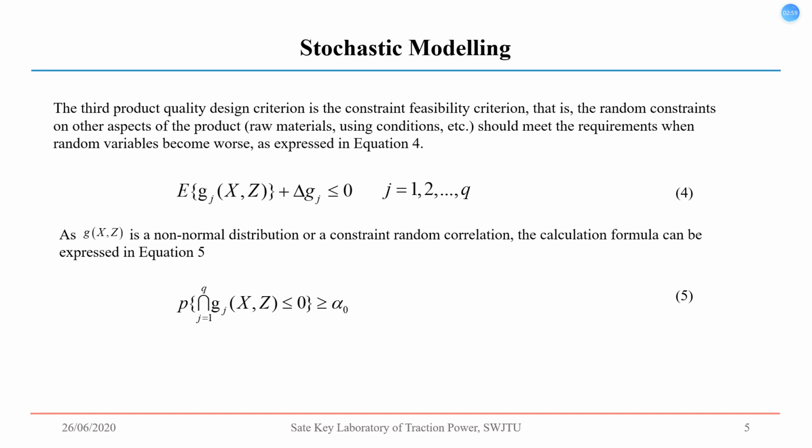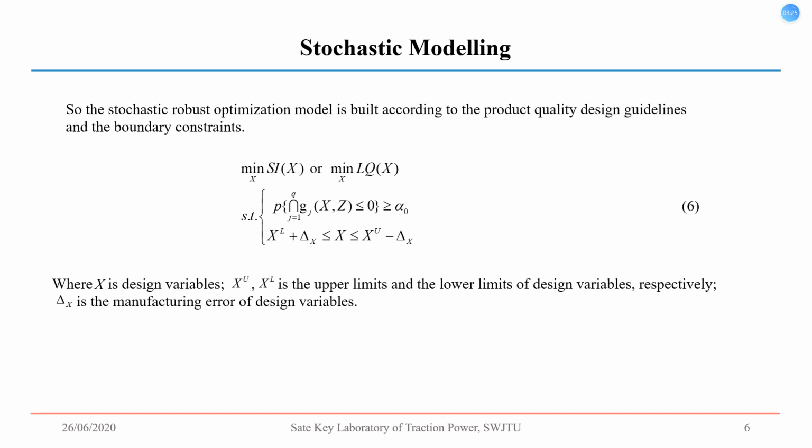When random variables become worse, it is expressed in equation 4. NSGA is a non-normal distribution or a constraint robust correlation. The conclusion formula can be expressed in equation 5.